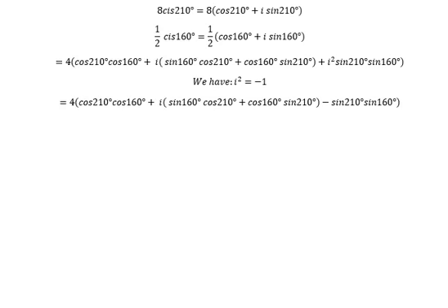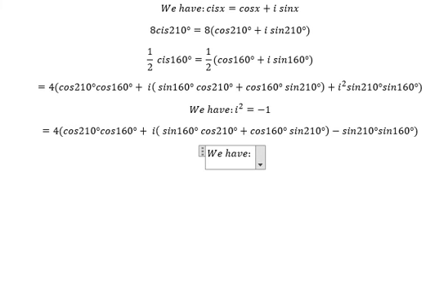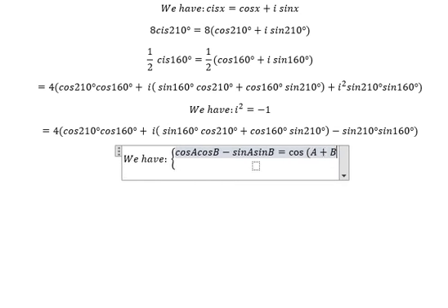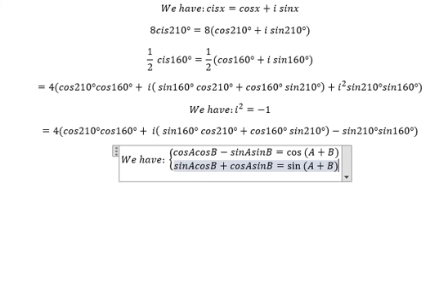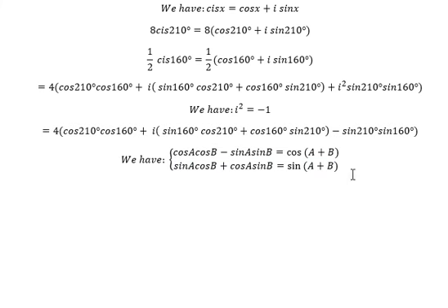Next, we have two formulas in here. Cosine A cosine B minus sine A sine B equals cosine of A plus B. Sine A cosine B plus cosine A sine B equals sine of A plus B. So we can apply two formulas in here.